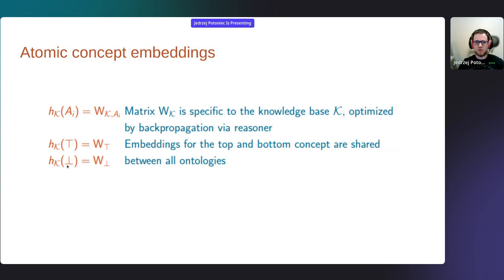Top and bottom stand for the top concept and the bottom concept, and those two embeddings are shared between all ontologies, but similarly to the atomic concepts, they are optimized during the training. So there is no procedure like CBOW or skip-gram, which is common for word vectors. Those embeddings are simply optimized along with the whole system.